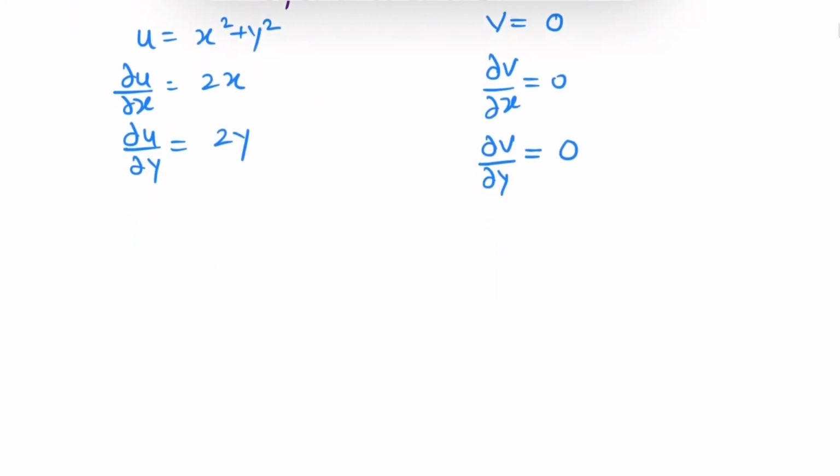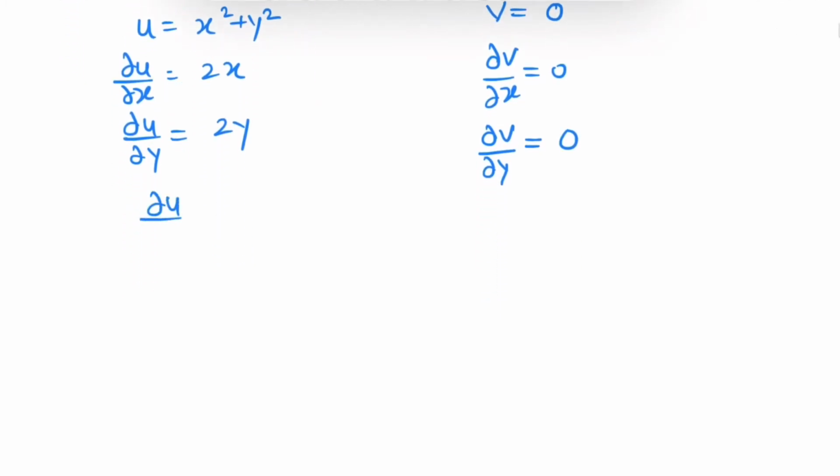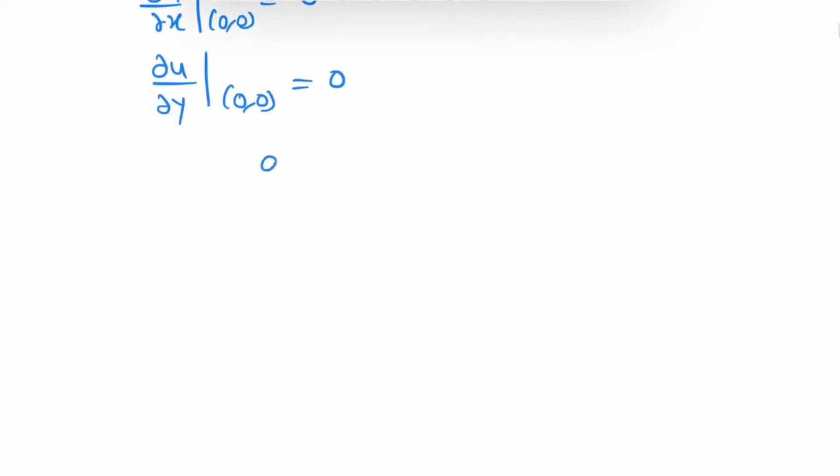Now del u over del x at point 0 comma 0 is 0, and del u over del y at point 0 comma 0 is also 0. Now you can see del u over del x equals to del v over del y and this equals to 0 at point 0 comma 0.